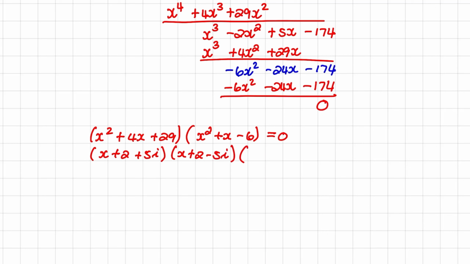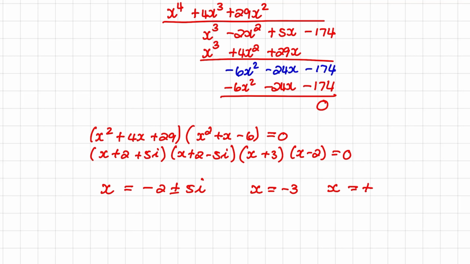And now we can factor this trinomial, and that will be (x + 3)(x - 2) equal to 0. So our solutions for x would be x equals -2 plus and minus 5i, which was given at the start. And then x equals -3, and x equals positive 2.